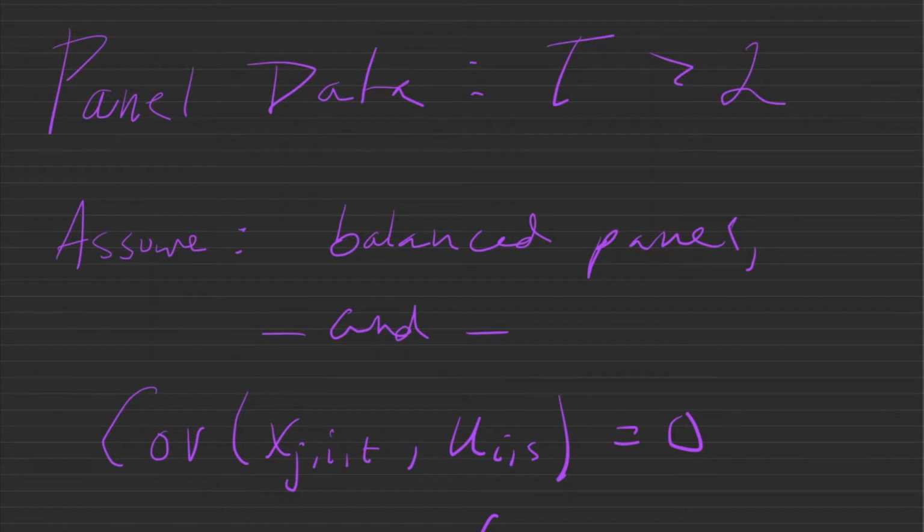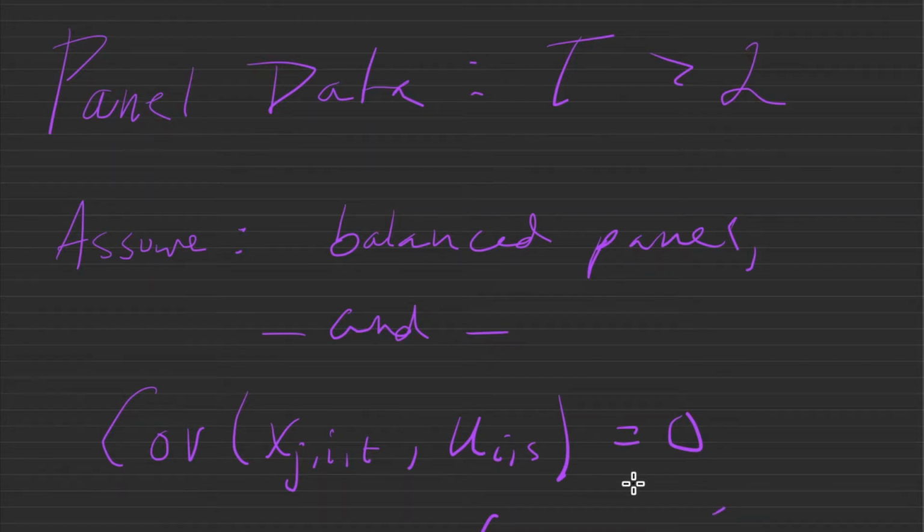Next, we need to be able to assume that the covariance between explanatory variable xj for individual i in time period t, and the error term u_is, individual i time period s, is 0 for all t, s, j, and i.